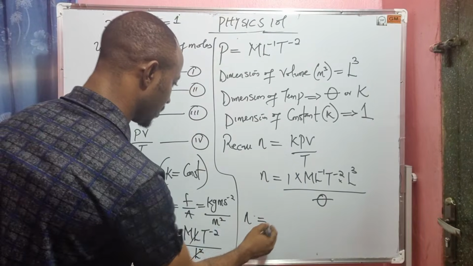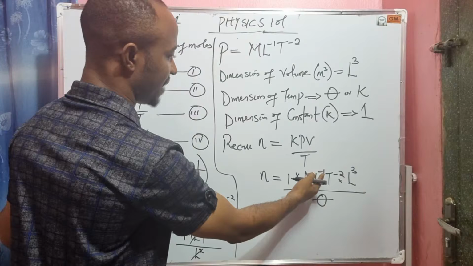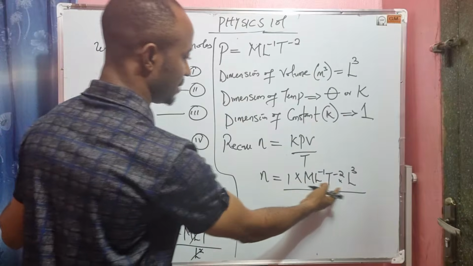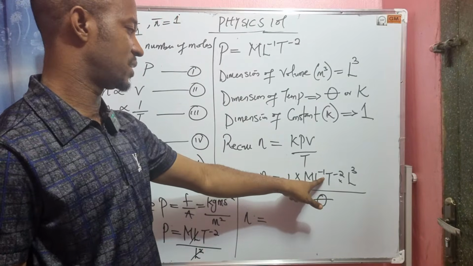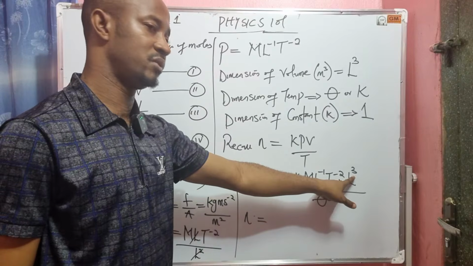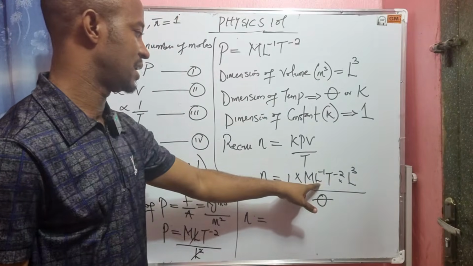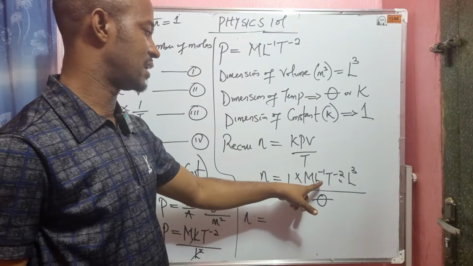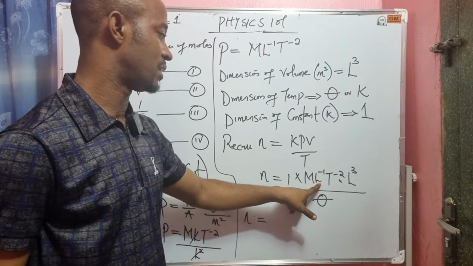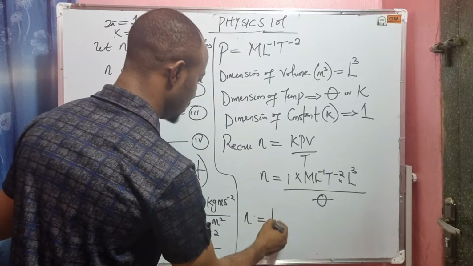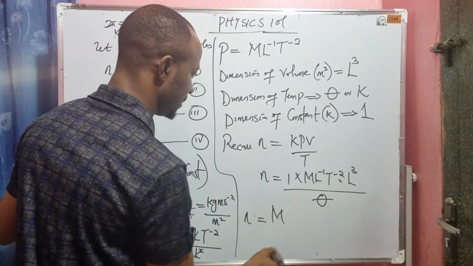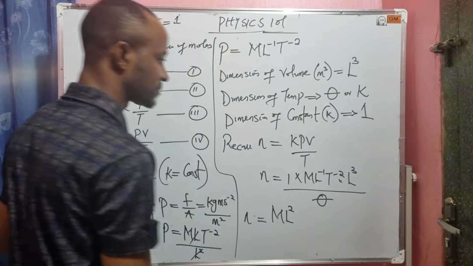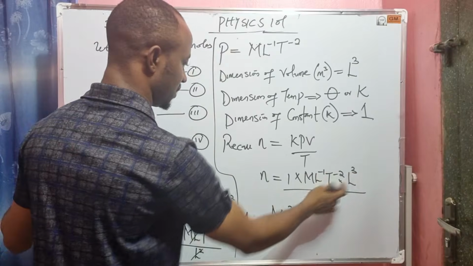So here we have minus 1. 1 times any factor is that factor, but our emphasis will not be on this. Here the power of L is minus 1, multiplying L cube. So I will take the common base and add up the powers. Don't forget the law of indices, since their bases are the same. This will give us capital letter M, then L minus 1 plus 3 will give us 2.